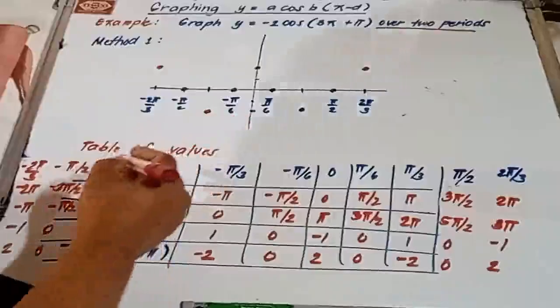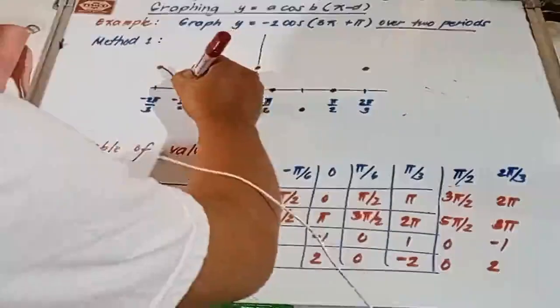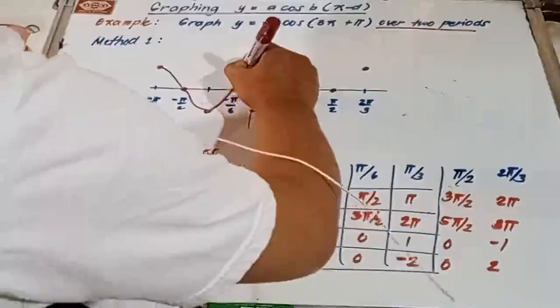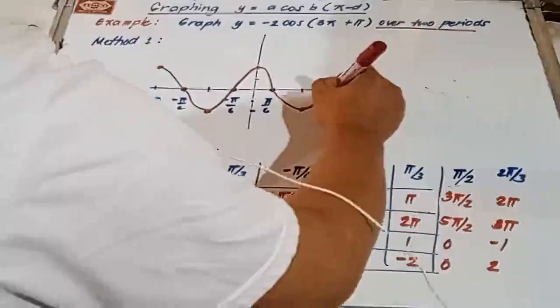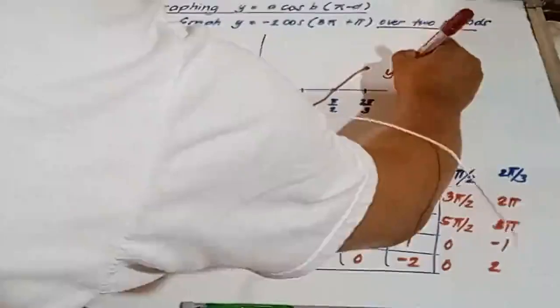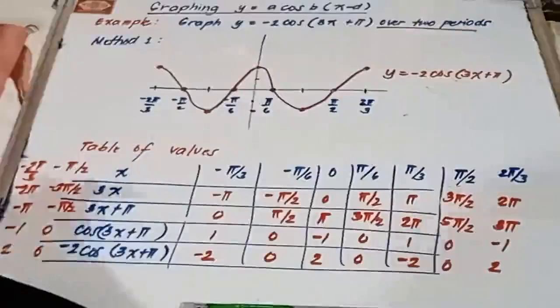So, ito yung ating graph ng function. Yan. So, ito si function y equals negative 2 cosine 3x plus pi. Okay? So, that is method 1 in sketching the graph of y equals a cosine b quantity x minus d. Okay. Thank you.